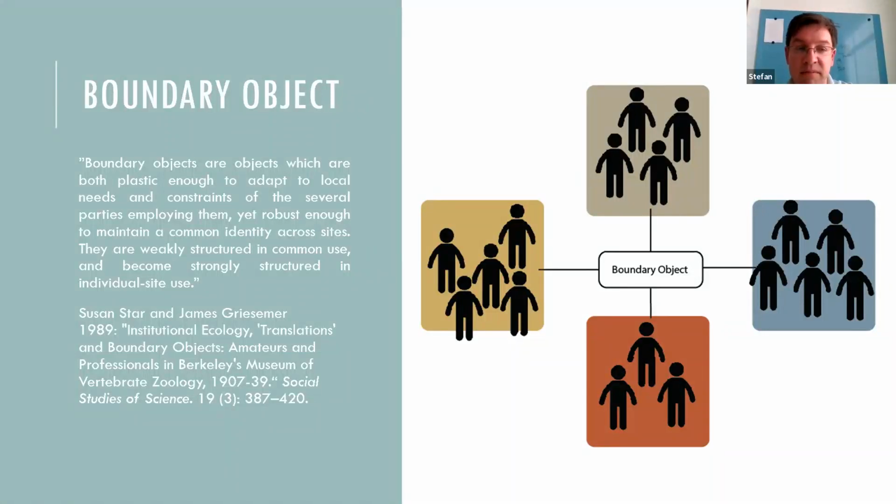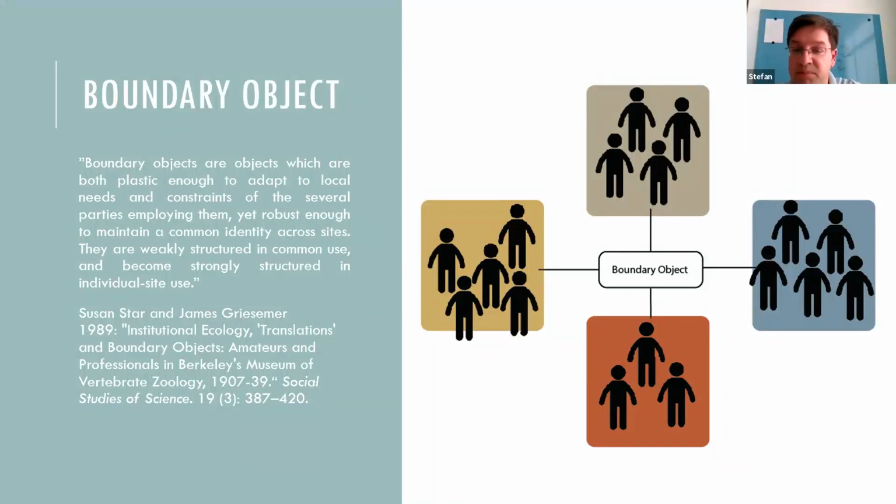So what Starr and Griesemer point out, a boundary object is defined by the fact that it's ambiguous, it's not standardized or clearly defined, and it has a purpose to draw different groups of people together. It enables cooperation without consensus, or in this case, without a clear definition.